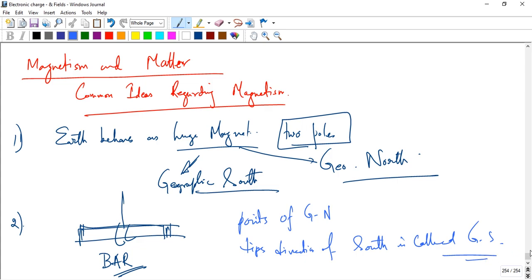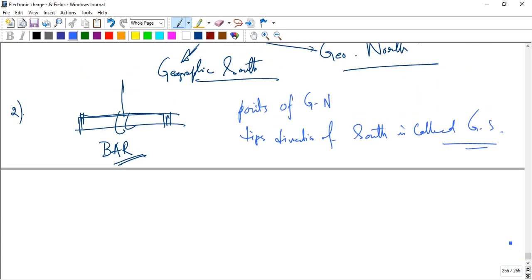Now the third point, that's an interesting point, is about like poles. A magnet has two poles, we know that from school, class 6, 7 standard: one is the north pole, the other is the south pole. There is a magnetic force between them.